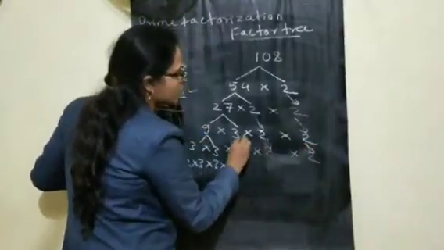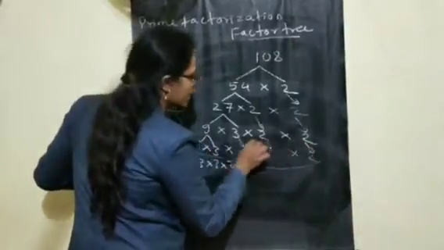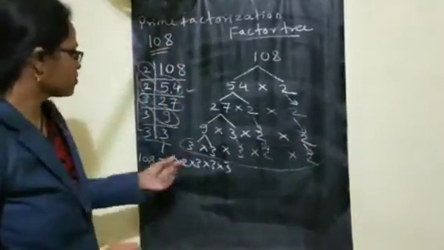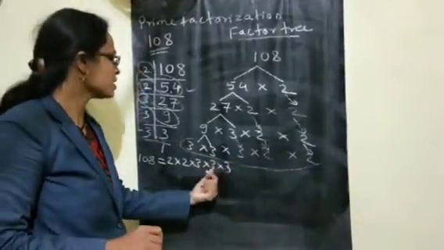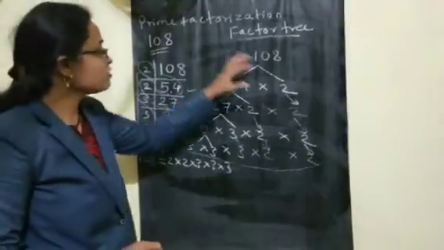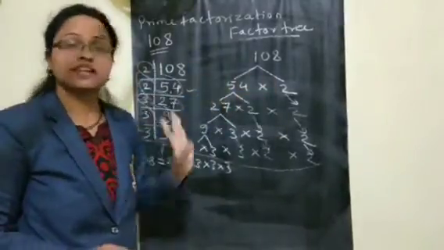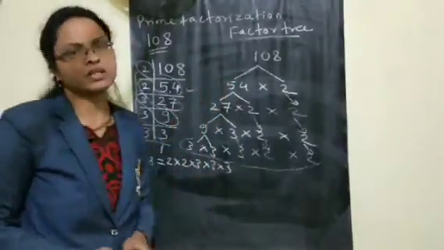This is called our factor tree, showing all the factors in the form of a factor tree. If you check here also, 3 3 3 2 2. So this is the prime factorization, and showing it in diagrammatic form is called a factor tree. This bigger number you can draw on one side, maybe the left or maybe the right.